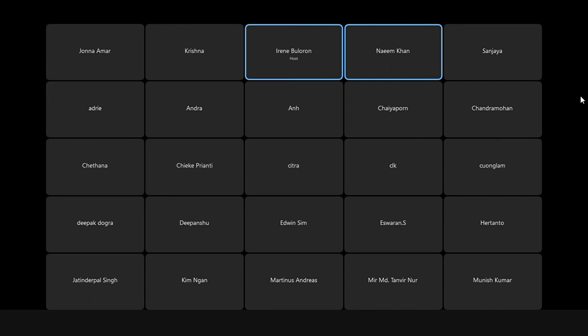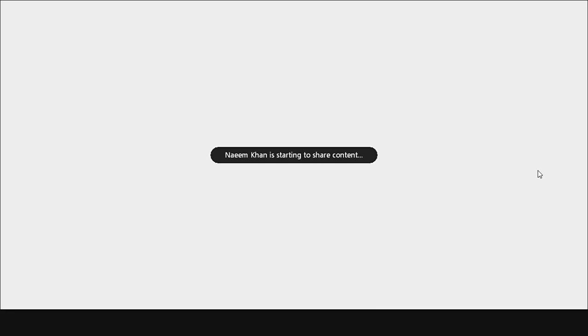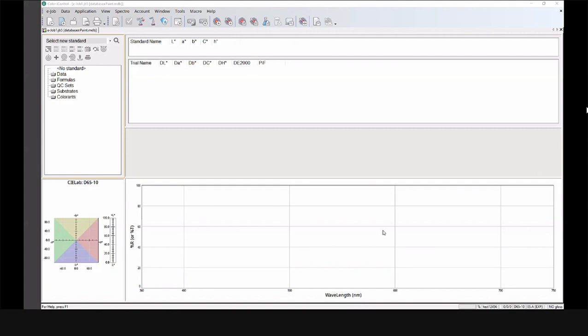Are you sharing your screen? Yes, I shared my screen. We are not able to see. Just a minute. Is it okay now? Okay, we can now see your software.